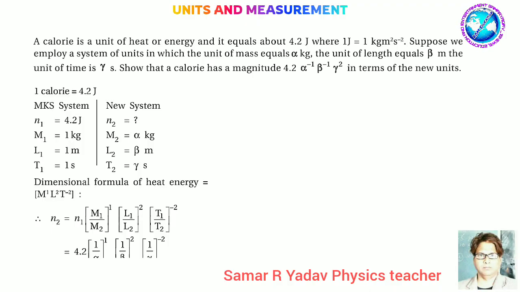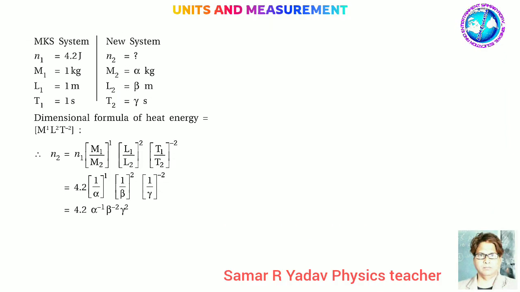In the new system, N2, we have to find M2 = alpha kg, L2 = beta meter, and T2 = gamma second. The dimensional formula of heat energy is [M1 L2 T^-2].